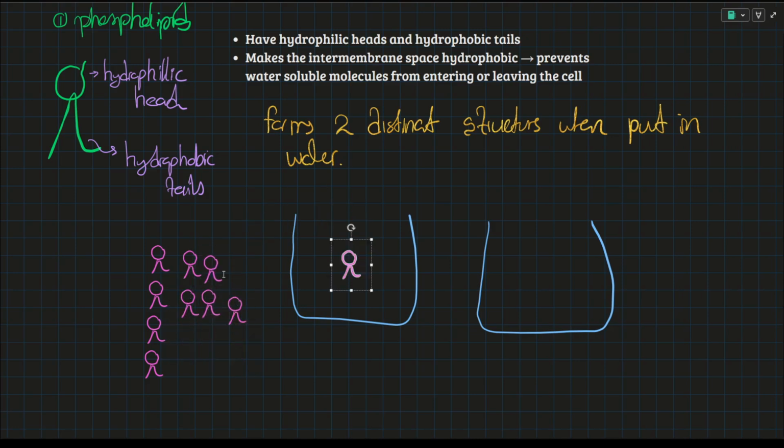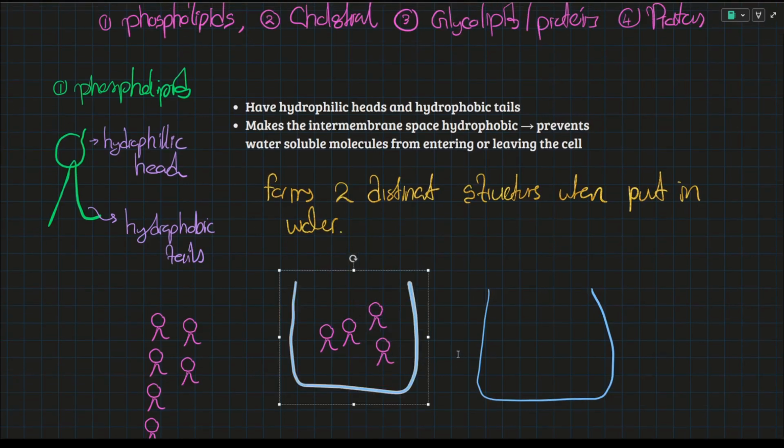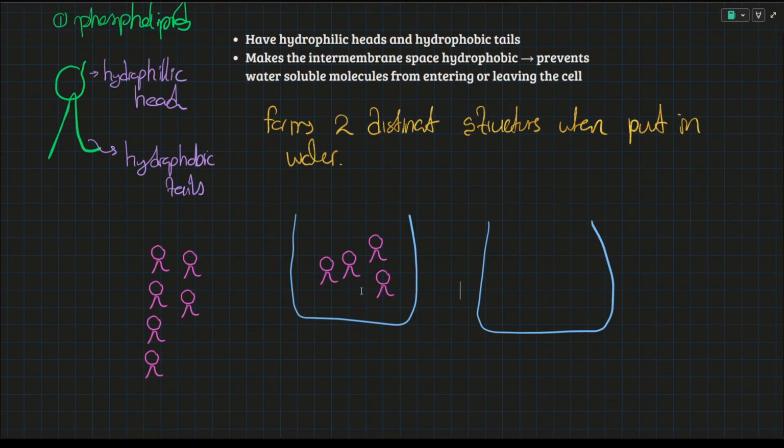Now, if I just put them in water, they're not just going to stay like this. That's not going to happen. These phospholipids have hydrophilic heads and hydrophobic tails, so they will orient themselves accordingly. Now this is full with water.